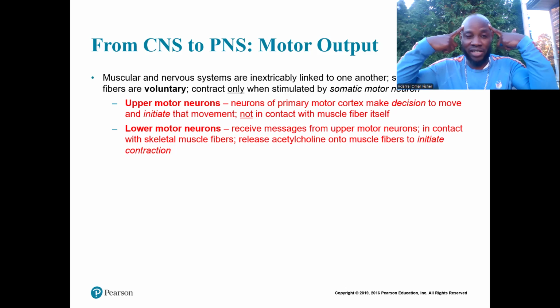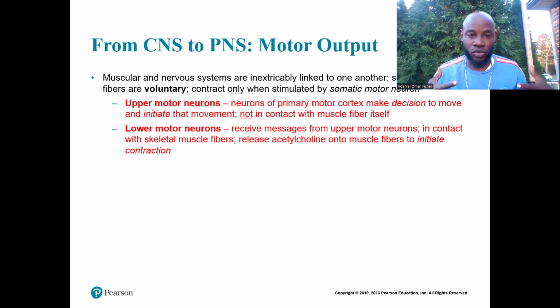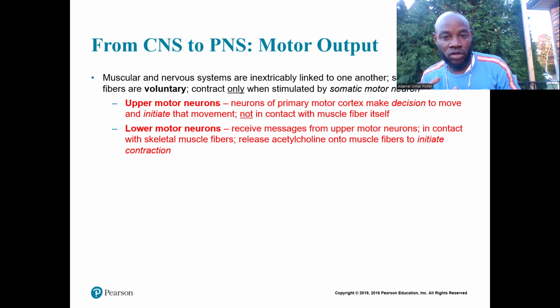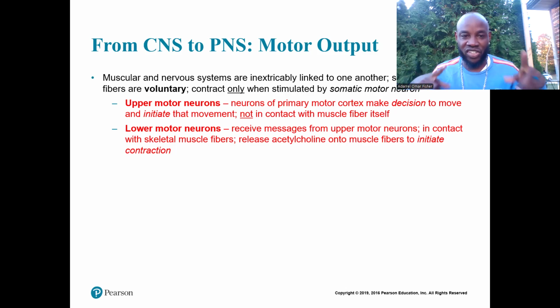You have to consciously think for your skeletal muscles to be able to contract, to generate a force. Upper motor neurons are the neurons of the primary motor cortex, which make that decision to actually do a movement.